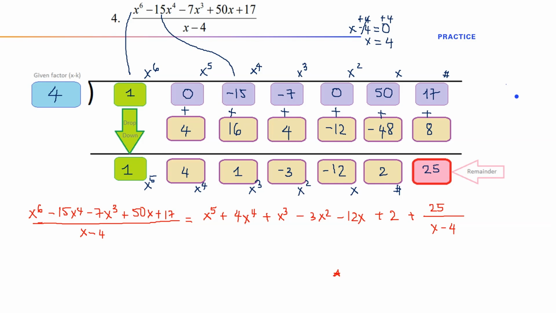Okay, always reduce the power by 1. And then the remainder over the divisor.